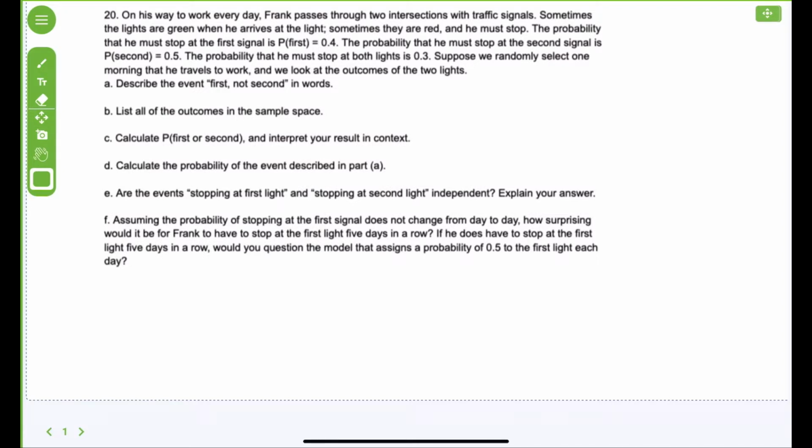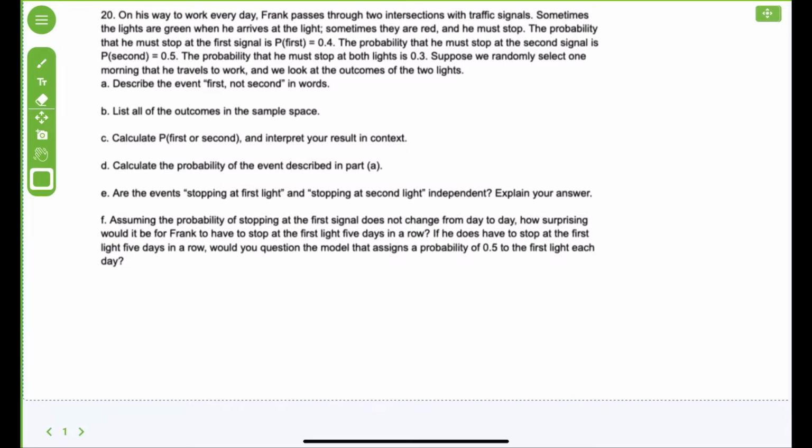Suppose we randomly select one morning that he travels to work, and we look at the outcomes of the 2 lights. A, describe the event first, not second, in words.